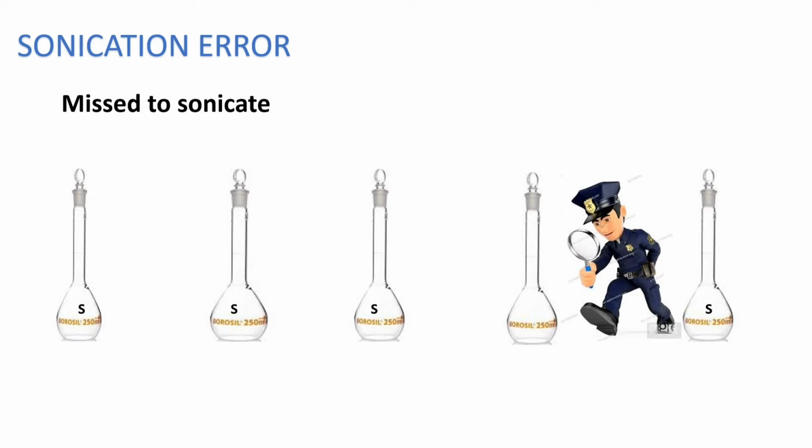When you complete the sonication and take the flask out of the sonicator, you can write S. During the evaluation, during the monitoring, you can identify that in this flask S is not mentioned, meaning it was missed for the sonication. This way you can identify which flask sonication is done and which is not done.